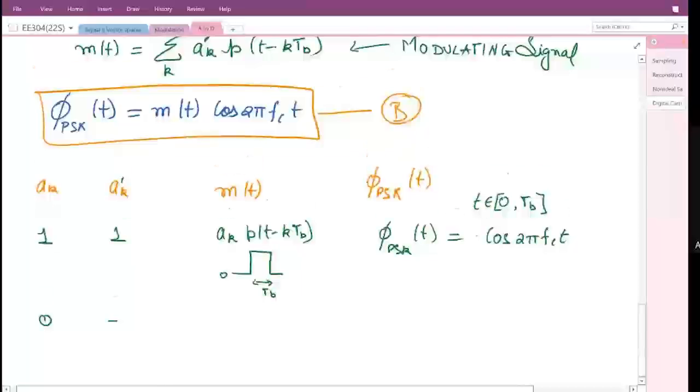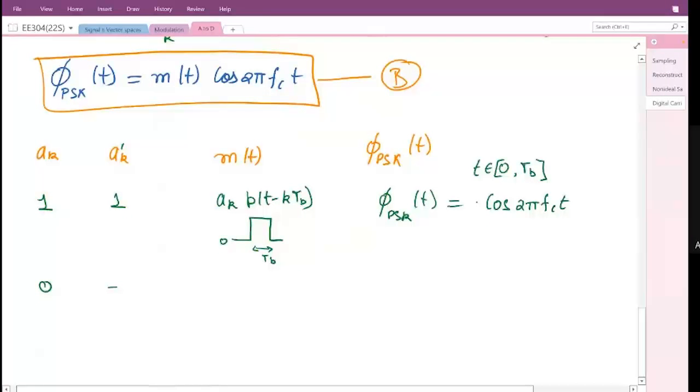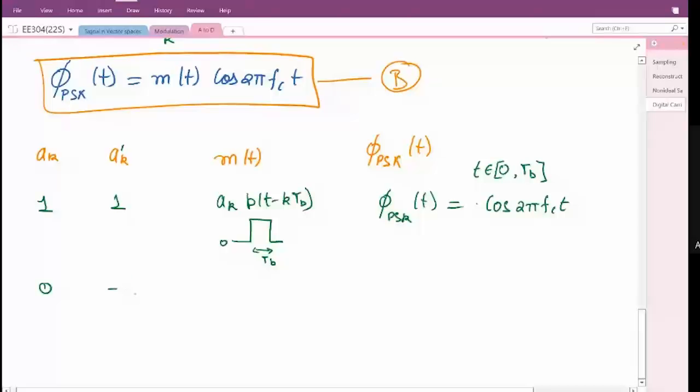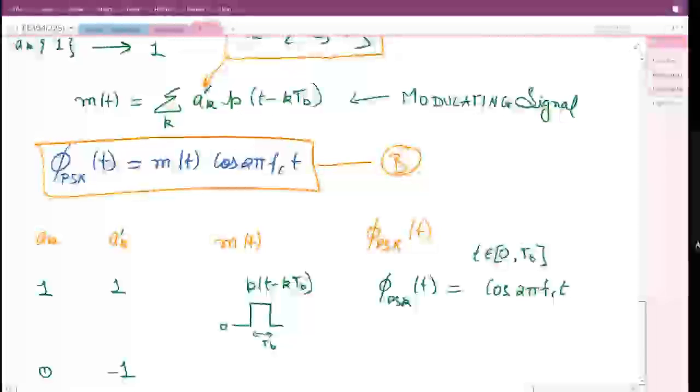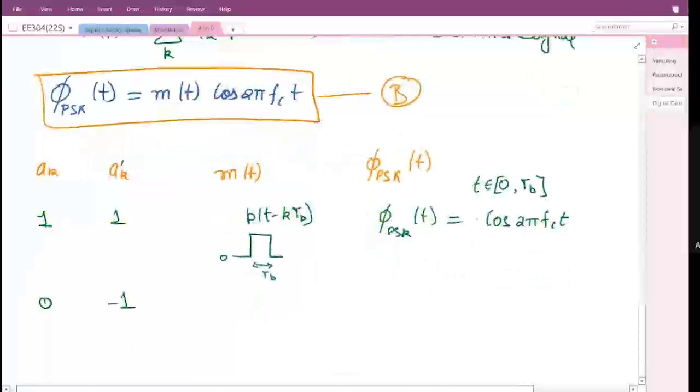Okay. Now what do you say? If AK was 0, then what should be AK prime? Minus 1. AK prime is going to be minus 1. Now this should also change. AK prime, you have done that. So then MT is AK prime times this.